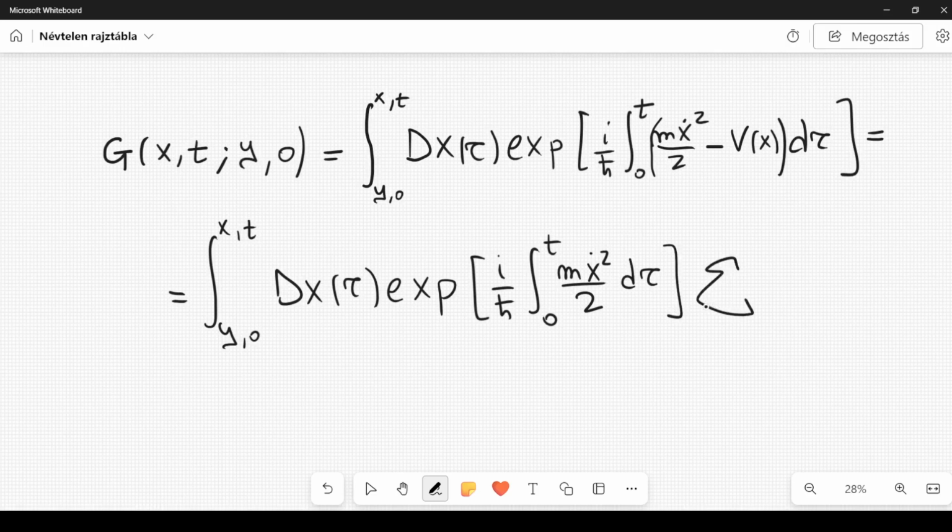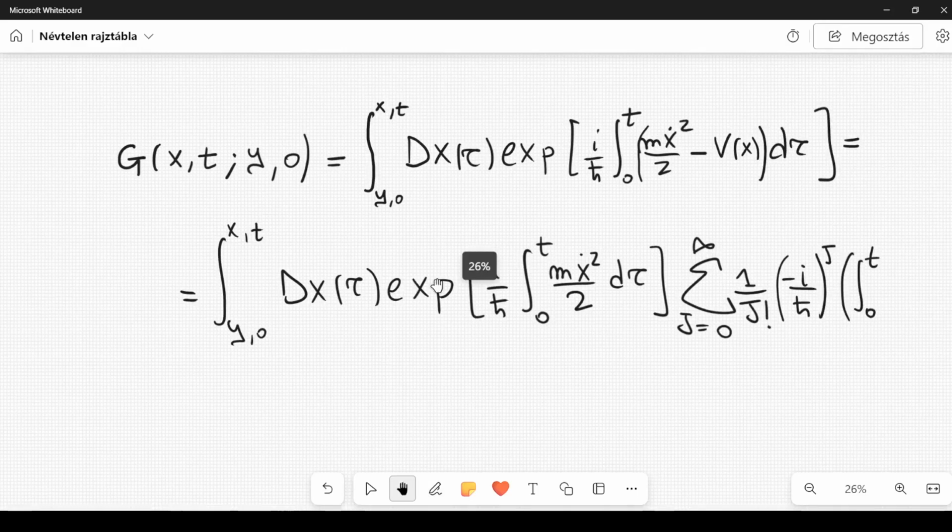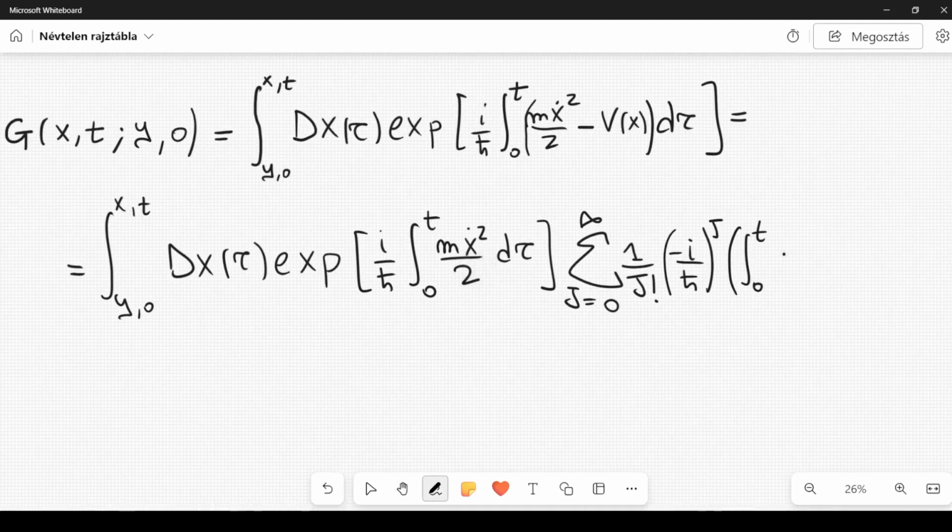It's a series of infinite terms, j from 0 to infinity, 1 over j factorial, minus i over h bar to the power j, and then we have the integral from 0 to t of V of x. x is a function of tau, so this is x of tau. Remember that. And we integrate over tau, and then we raise it to the power j.